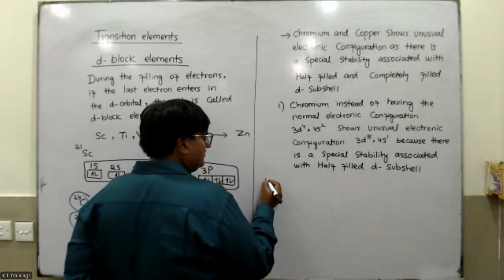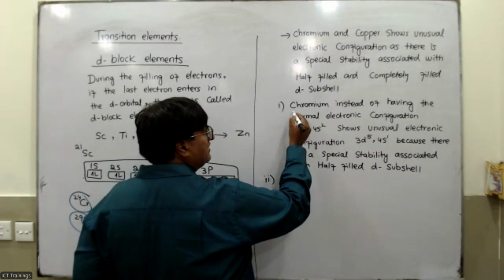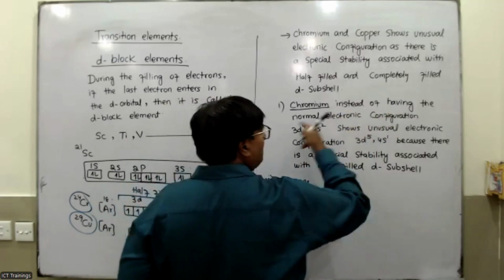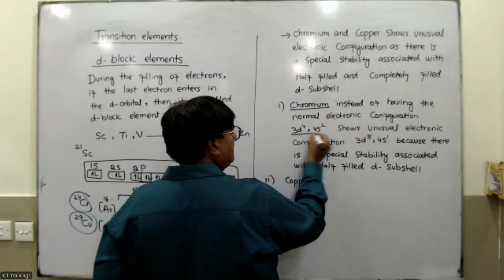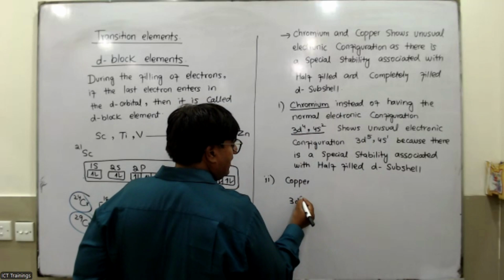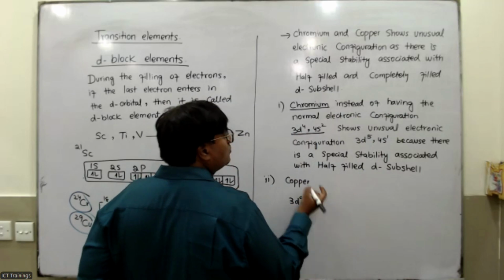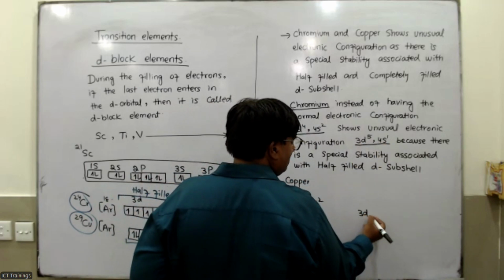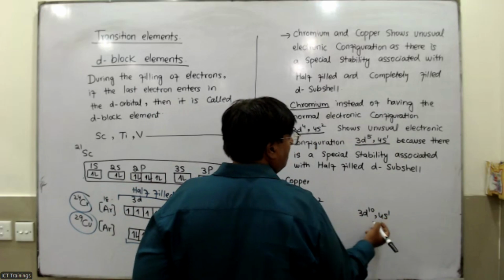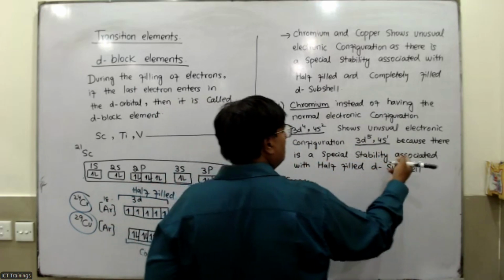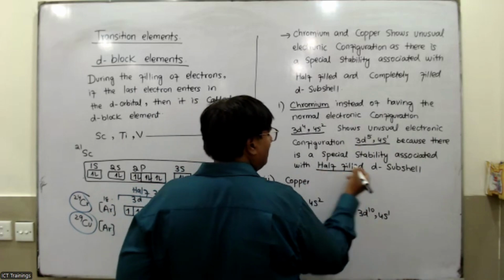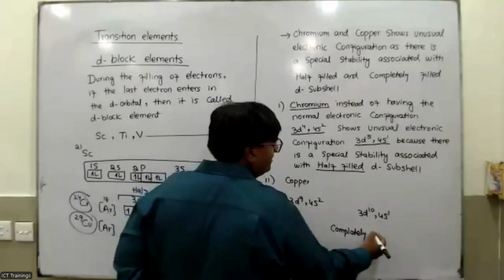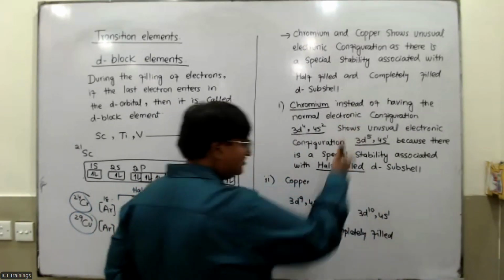And for the second thing, for the copper, at the place of chromium you should write copper. All the other things are the same. Here you should write 3d9 and 4s2 shows unusual electronic configuration. At the place of this one, you should write 3d10 and 4s1 because there is a special stability associated with the half filled. At the place of half filled, you should write completely filled. All the other things you should write the same. Okay, guys, so just start doing it.